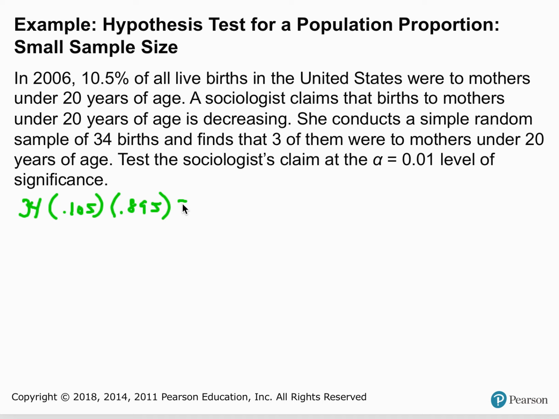Uh-oh, that's 3 point something. All right, I cannot assume this is normal then. If I can't assume it's normal, I'm going to use instead the binomial distribution function, right? Not the normal distribution function.